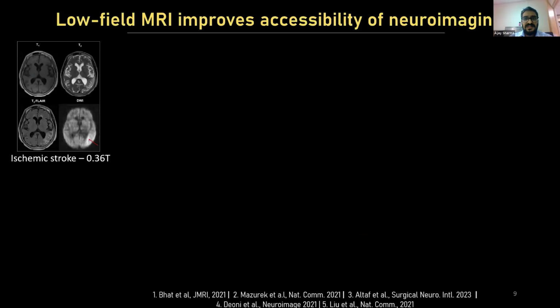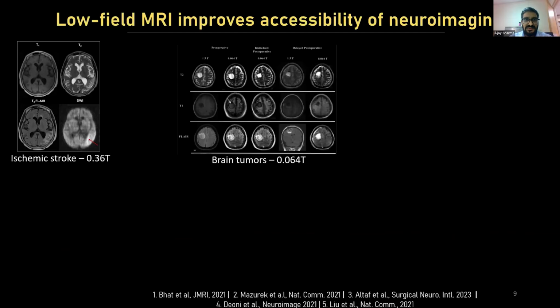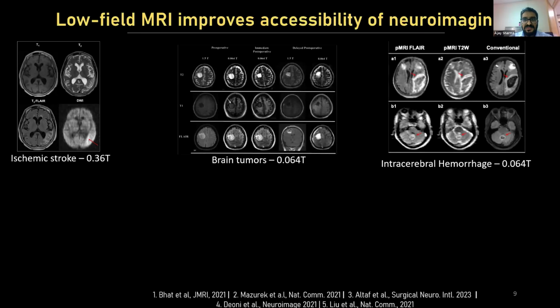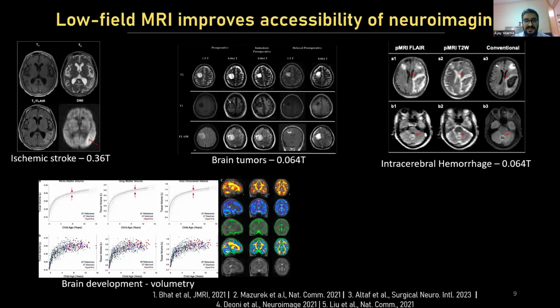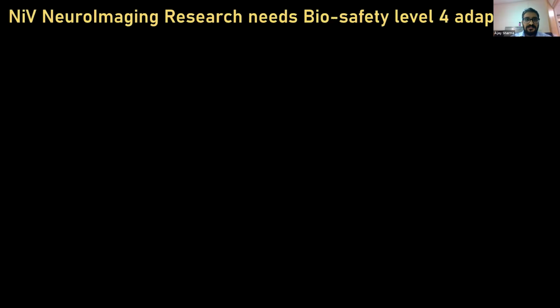In earlier studies, low field MRI has been used for stroke detection, brain tumors, and hemorrhage, like the 64 millitesla Hyperfine scanners. In this particular study, we are studying Nipah virus infections using non-human primates.